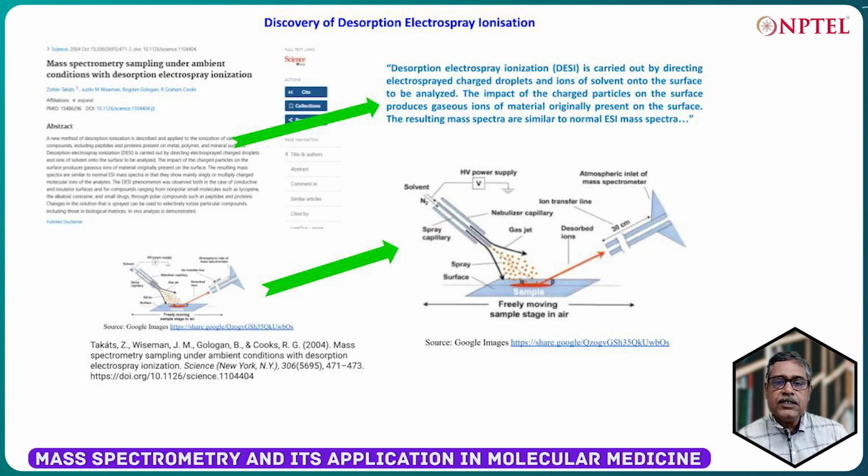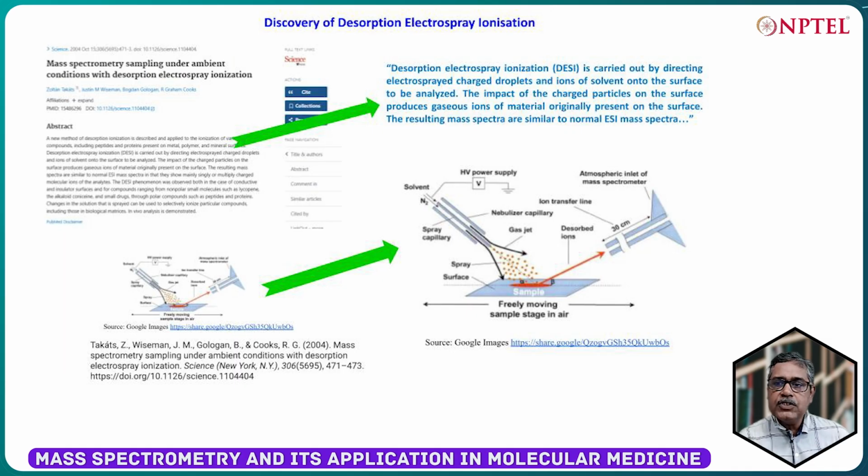So basically what it tells is, the basis of the technique is that desorption electrospray ionization is carried out by directing electrosprayed charged droplets and ions of solvent onto the surface to be analyzed. As I said, the surface can be anything.